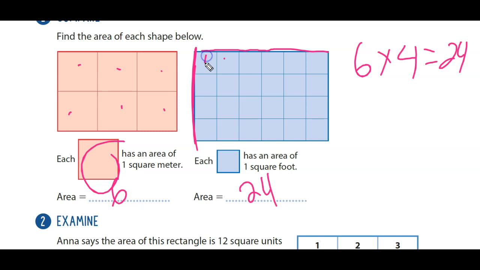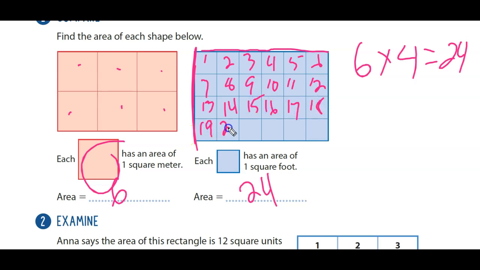Yes. 1, 2, 3, all the way up to 24. Literally takes forever, doesn't it?